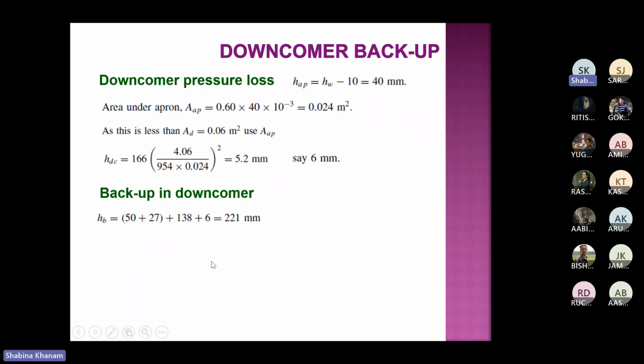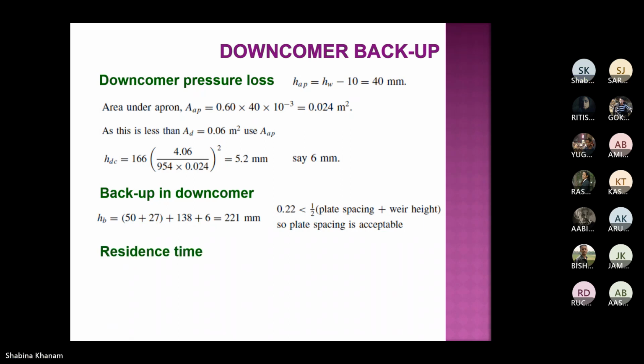So in this way you can find out the total height. And this total height is coming as 0.22 meter, and that should be less than half of plate spacing plus weir height. Plate spacing we have taken as 0.5. Okay, so plus weir height by 2. So that value is coming lesser than that. So this design should be acceptable.